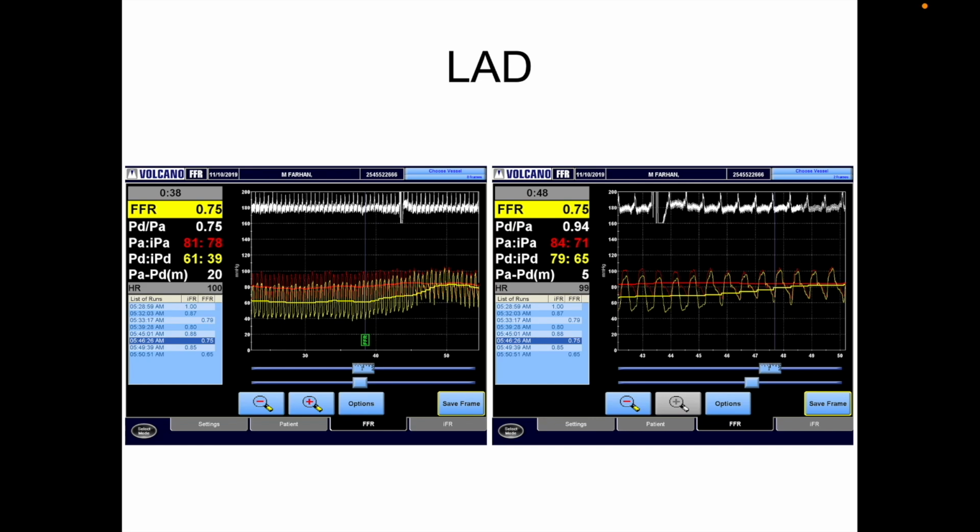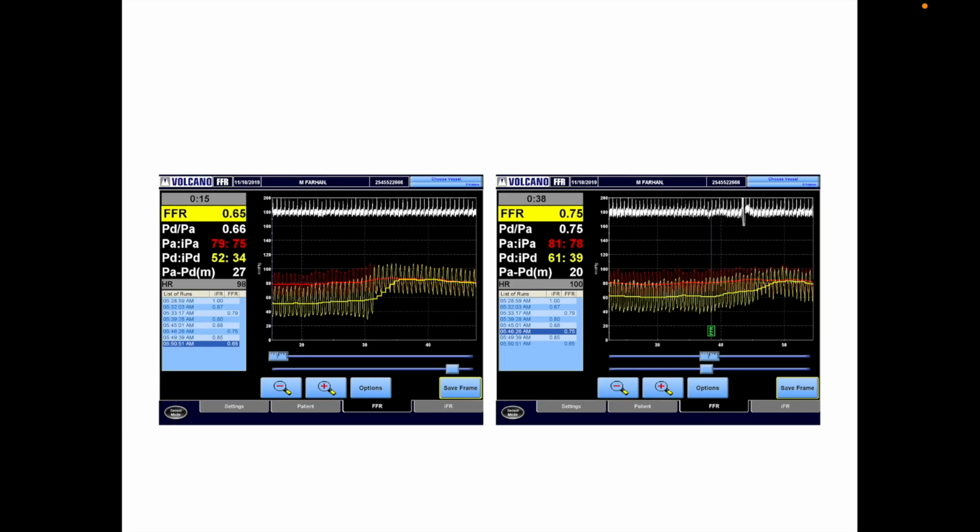FFR was 0.75. Just to show you a comparison of the two, if you look at this figure, this is the dominant circumflex FFR, and you can see a sharp rise in the gradient where the yellow line goes and meets the red line. Now this sharp rise indicates a sharp step up in the pressure gradient when you are pulling back the FFR wire, and that shows a focal critical stenosis as seen in the ostium of the dominant circumflex.